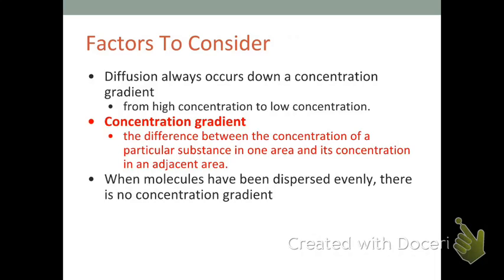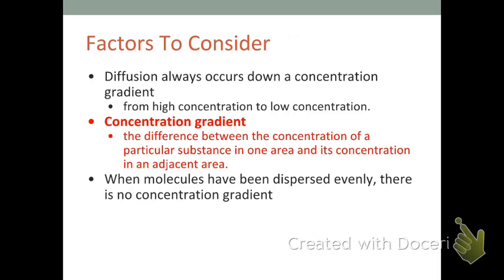When molecules have dispersed evenly, there is no concentration gradient. All right? Over time, these will spread out enough that the whole room will have about the same concentration in every area. It's not like all of these molecules are going to eventually make their way all the way to the back of the room and recongregate and get back into a nice, tall, tight little cluster and be highly concentrated again. They spread out. Eventually, these molecules will leave the school. They'll leave Lake County. They'll just spread out into the world, and you won't be able to detect them anymore because they're so spread out.